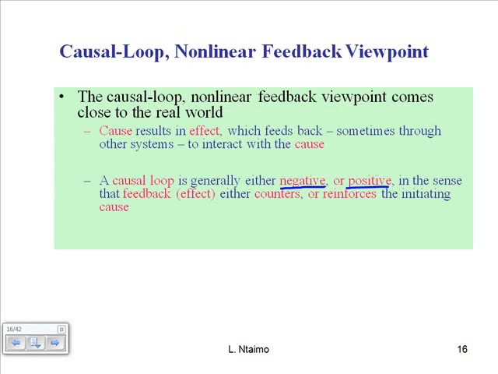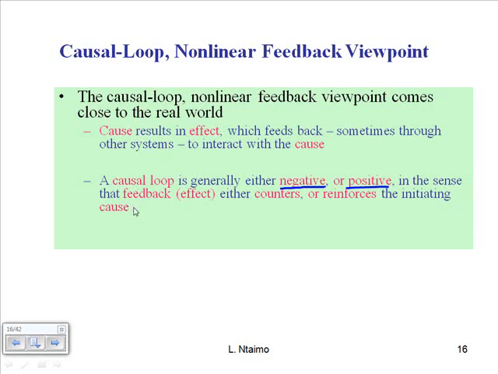The causal loop modeling point of view comes close to the real world because in causal loop modeling we account for cause and effect. Okay, and this cause and effect sometimes can provide feedback through other systems to interact with the cause.